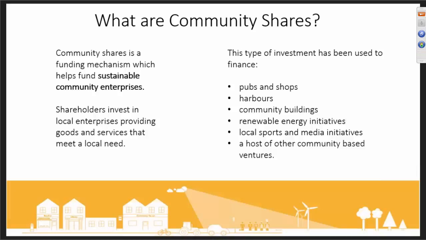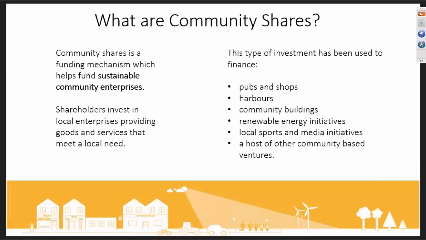How it works, and I'm sure you picked this up from the animation, is that shareholders are invited to invest in these local enterprises, and the enterprises are providing goods and services that meet some kind of local needs. Shareholders can be anyone. It can be mainly individuals, but it can also be organisations. Typically, the majority of shareholders come from the community itself, but it doesn't have to be.